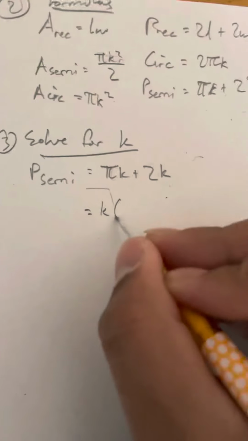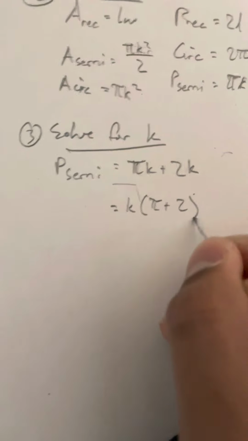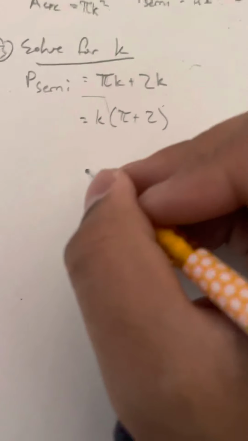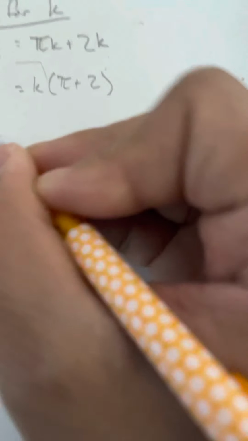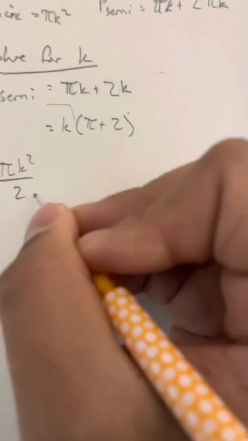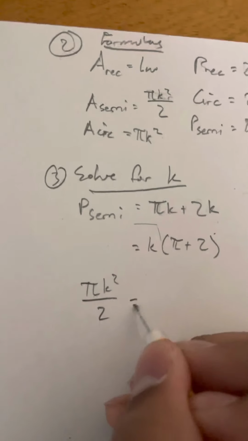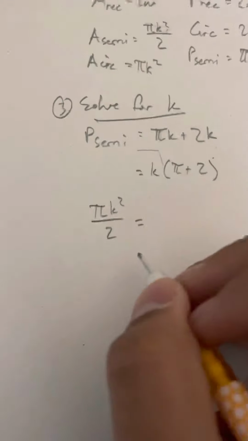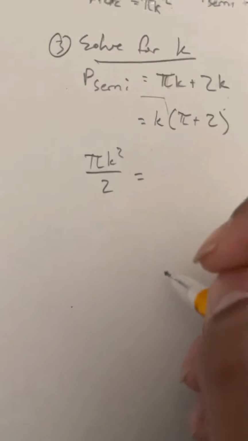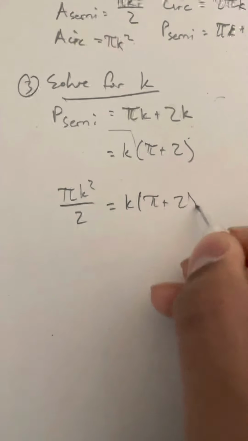We can rewrite this as k times pi plus 2. Then we can say that pi times k squared over 2, which is the area of the semicircle, is equal to the perimeter of the semicircle, which would just be k times pi plus 2.